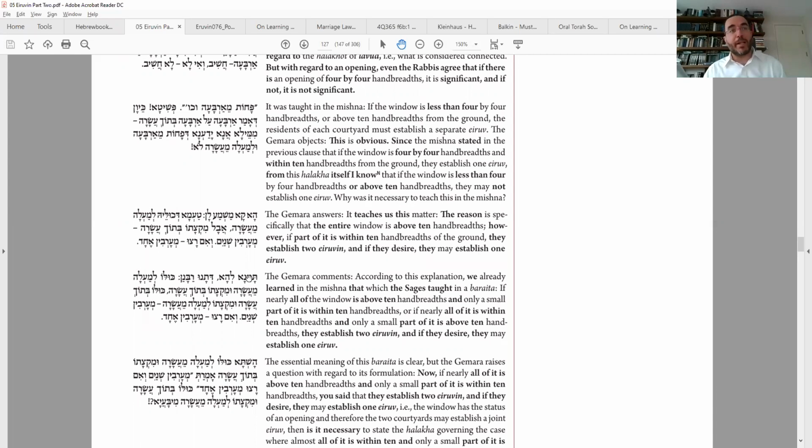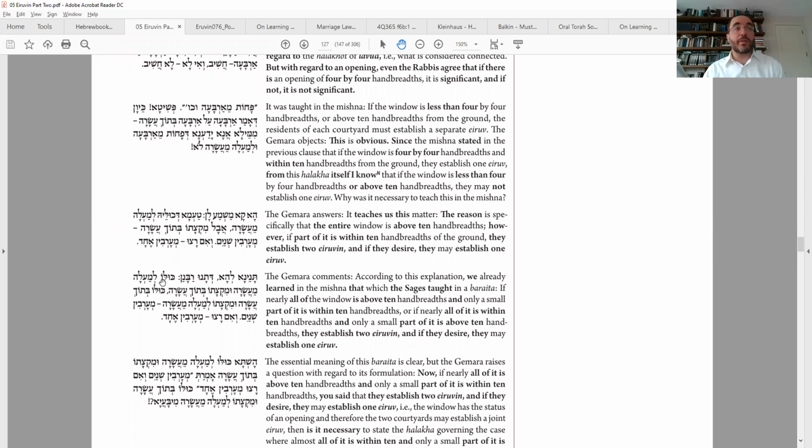However, we do have a Braita that says this as well. Tanena leha de tanu Rabbanan kulo le'masara miksato betoch asara kulo betoch asara umiksato le'mala masara. Marvin shenaim vimratsu marvin echad.